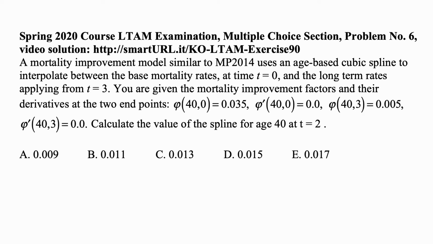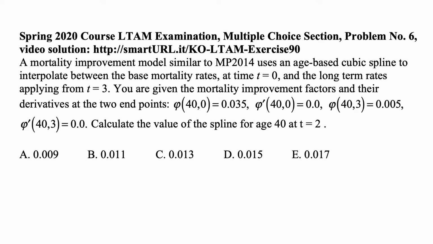Here's a problem for today for exam LTAM, long-term actuarial models. A mortality improvement model similar to MP 2014 uses an age-based cubic spline to interpolate between the base mortality rates at time t equal to 0 and the long-term rates applying from t equal to 3. You are given the mortality improvement factors and their derivatives at the two endpoints.